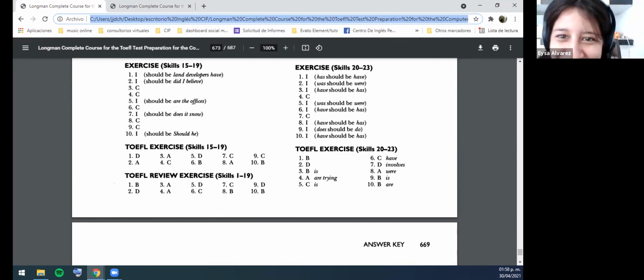Then number 8 is B. Come on. Oh, there's one more something for secondary subject.